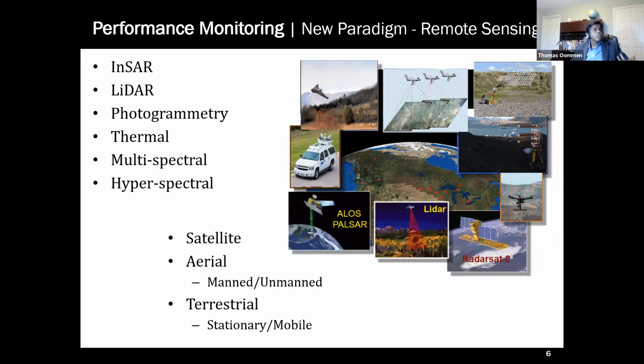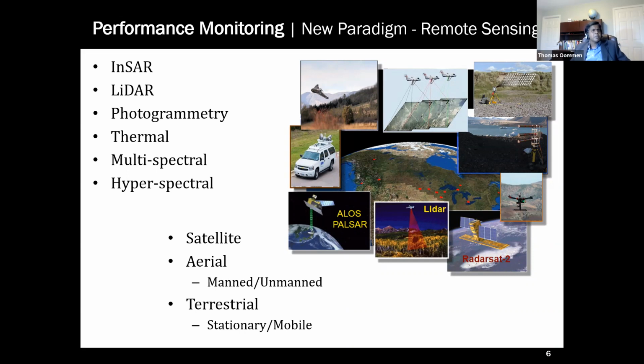And these remote sensing can be done from different platforms, can be done from satellite platforms, aerial platforms, and even terrestrial platforms like stationary or mobile. So there are different options in terms of these remote sensing techniques, different platforms.